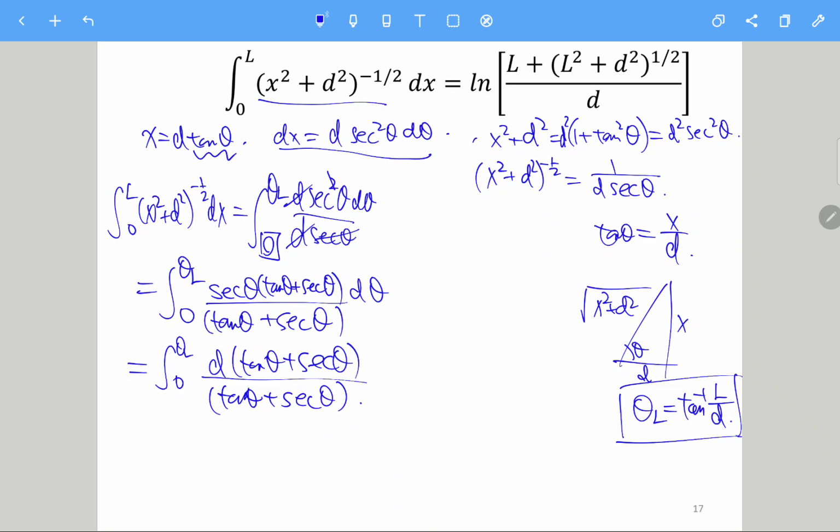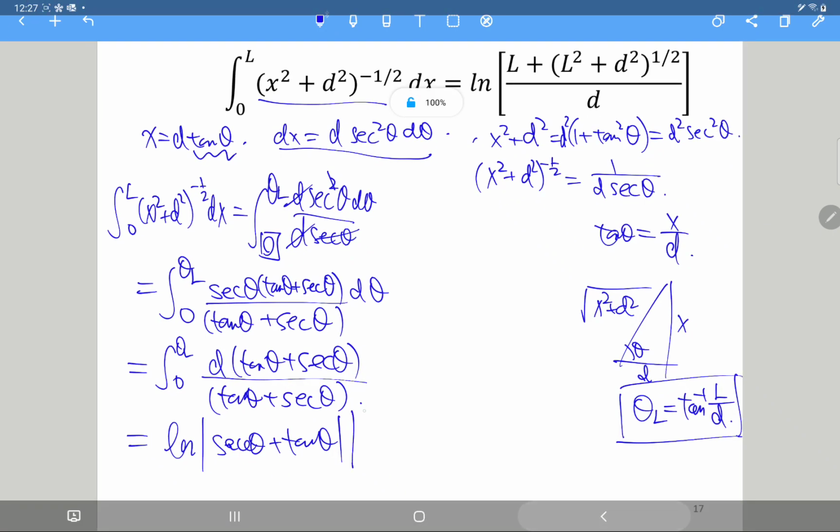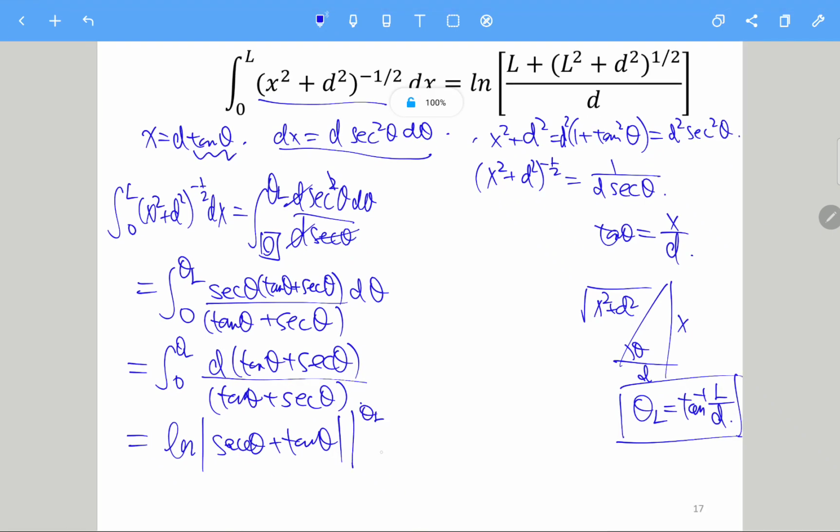So we have log, because this is an inverse function. So we have log of secant theta plus tangent theta. Take the absolute value, and then we evaluate at theta L and 0 and subtract them.